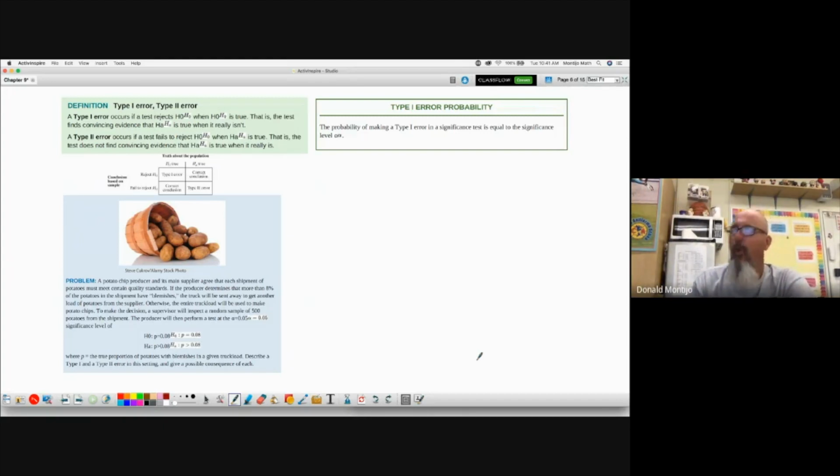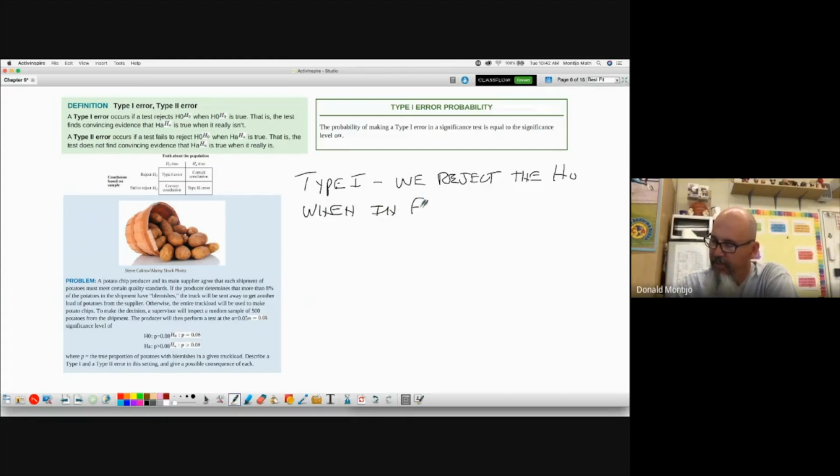Okay, so what are these type 1 and type 2 errors? Okay, so a type 1 error is when we reject the null when in fact it is true.